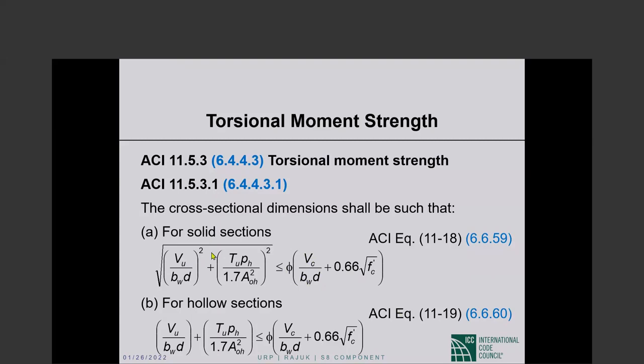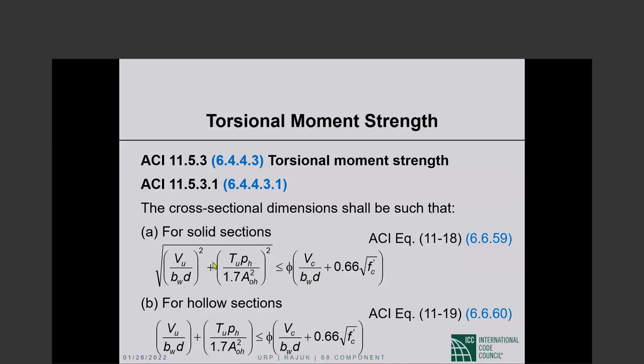So the square root of the sum of the squares of the shear stress and the torsional stress shall not exceed phi times the shear strength provided by the concrete in terms of stress, the shear stress that concrete alone can resist, plus 8 square root of f sub c prime.